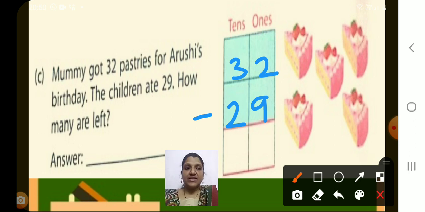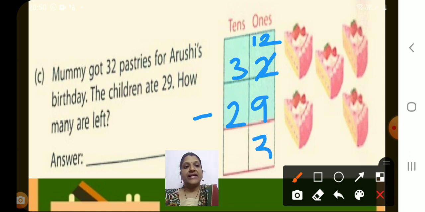So let us do the subtraction of numbers in ones place. 2 minus 9. 9 is a bigger number than 2. Hence we have to use the borrowing method. So we will take 10 from tens place. So strike 2 and write number 12 over here. Now we can do the subtraction of 12 minus 9. What is the answer? Yes, 3.